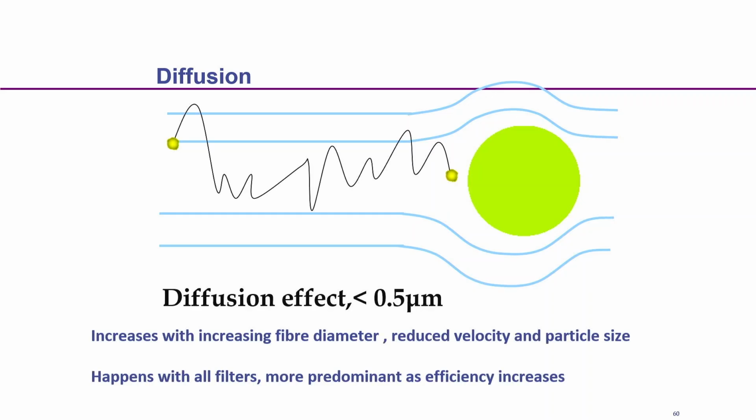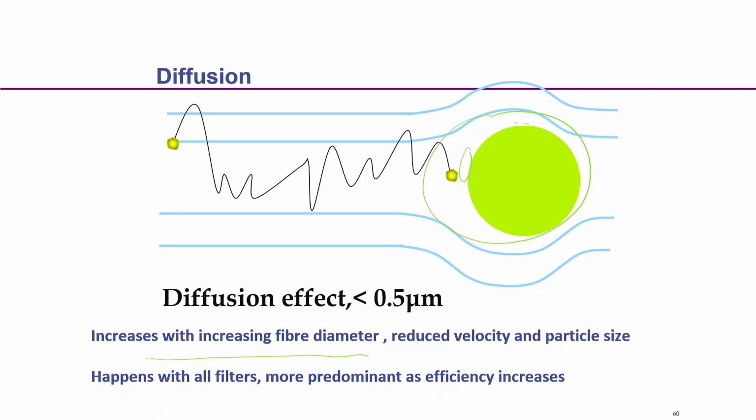you can see that Brownian motion is there, and during this movement, during its path, somewhere it will strike the fiber surface and get settled on the fiber surface. So, it increases with increasing the fiber diameter.